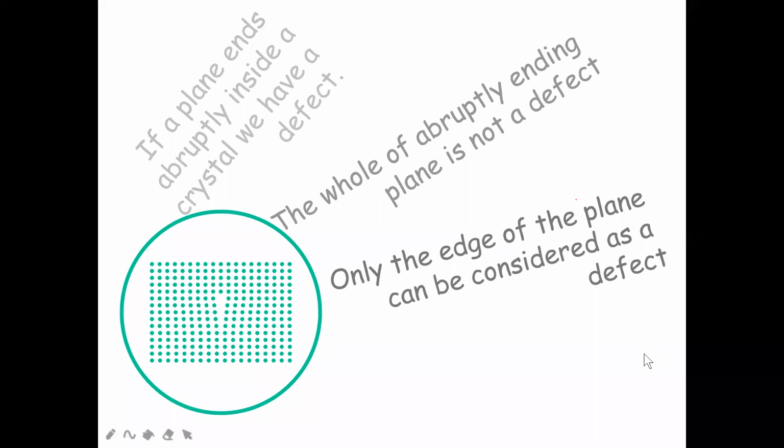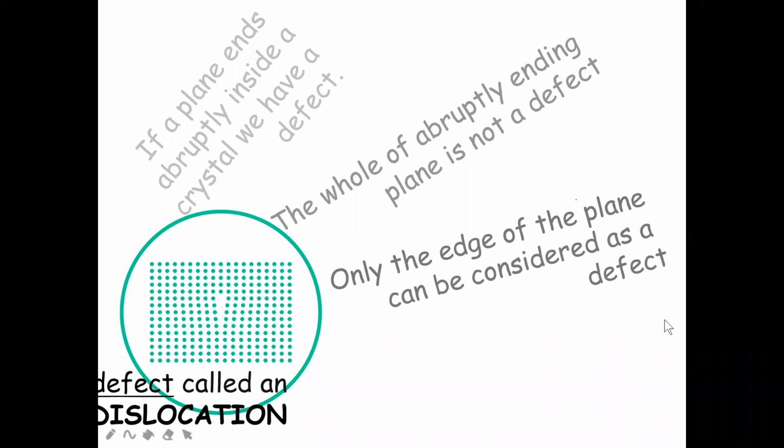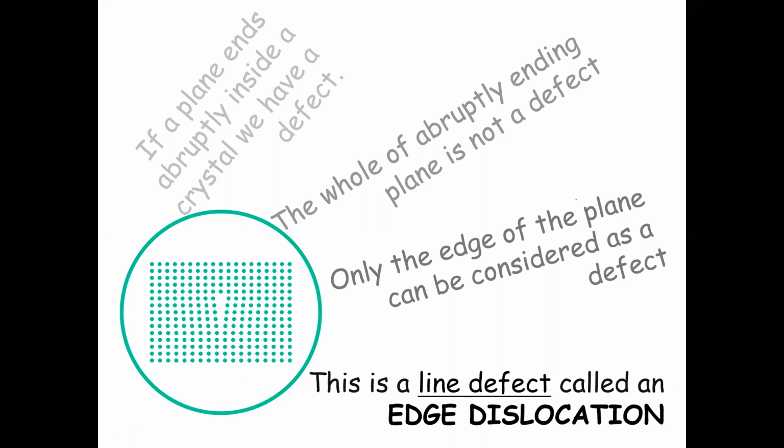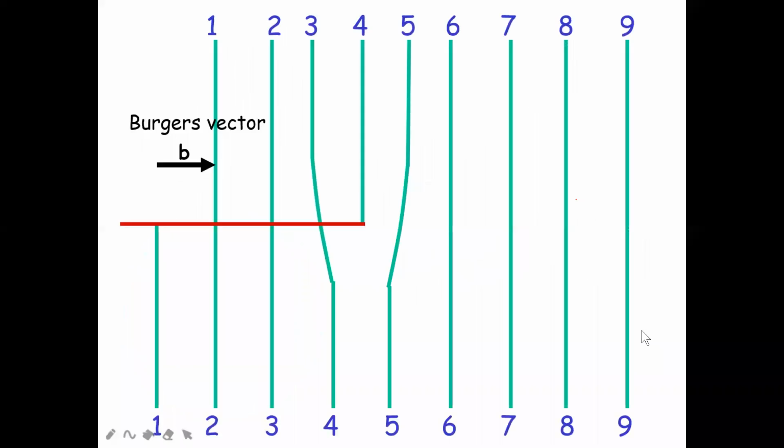So if you look along a plane, the edge of that particular plane is basically your one-dimensional defect. You can consider the half plane like a piece of paper, and the edge of that paper is nothing but your edge dislocation. This is a line defect called an edge dislocation.